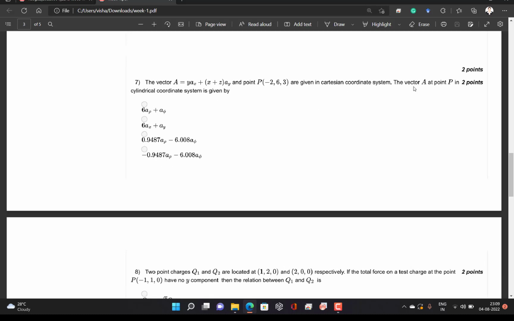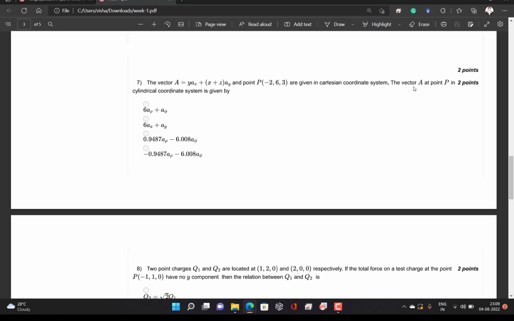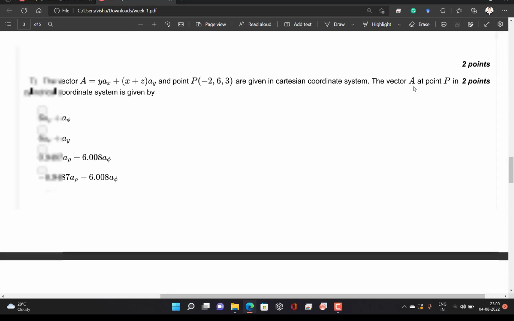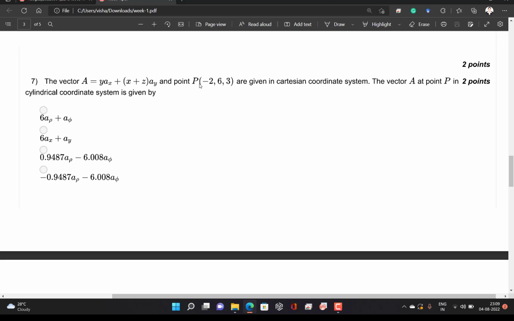The vector A at point P in cylindrical coordinate system is... Okay, so it's a question where a point P is given with -2, 6, 3 as its Cartesian coordinates, and it has been asked what the vector A at point P will be in the cylindrical coordinate system.